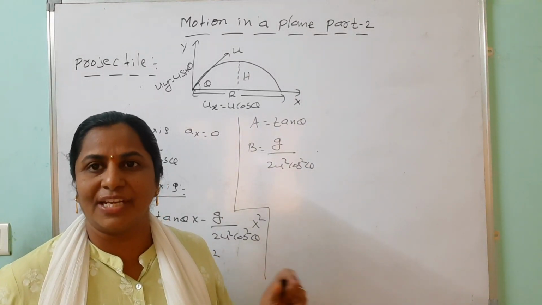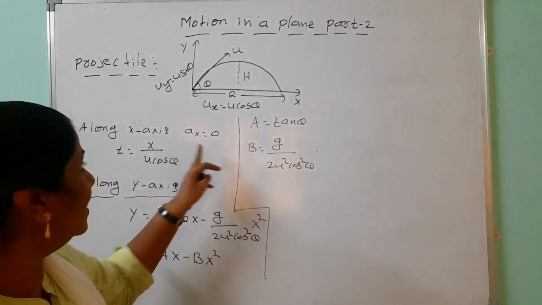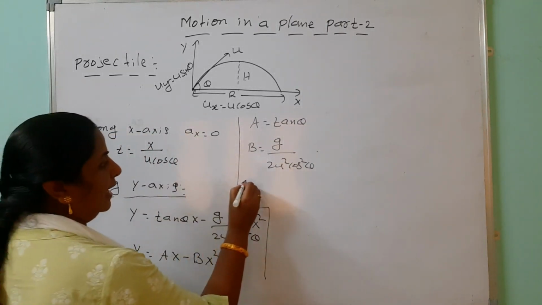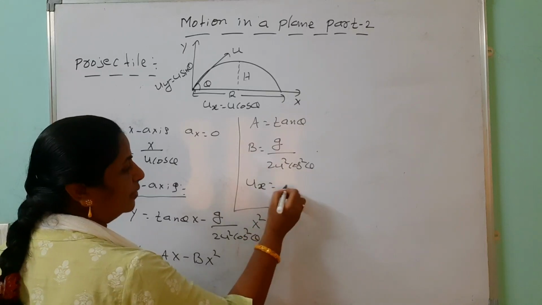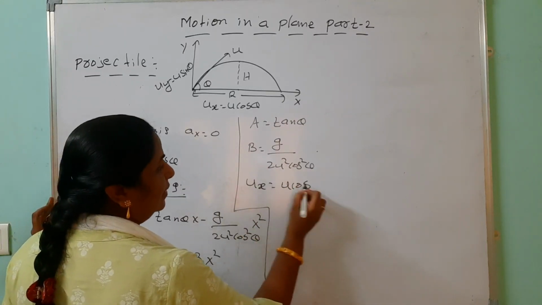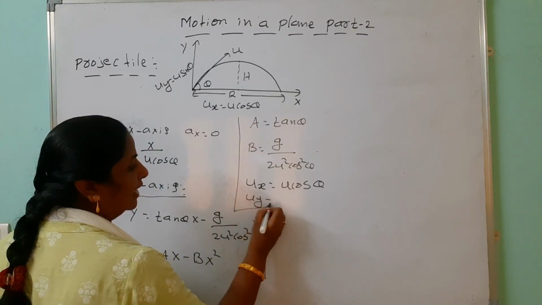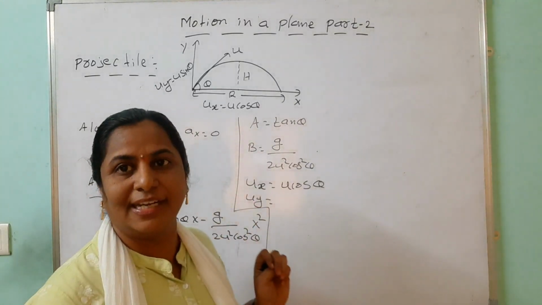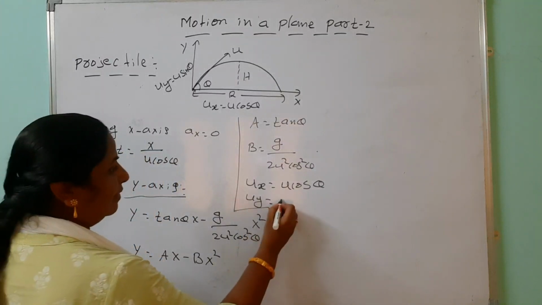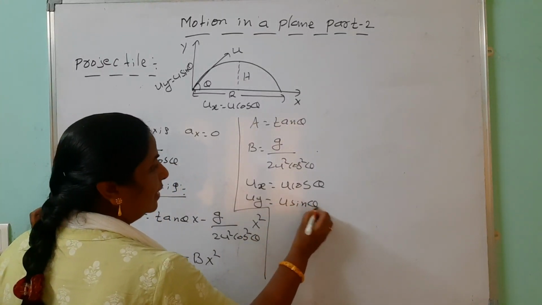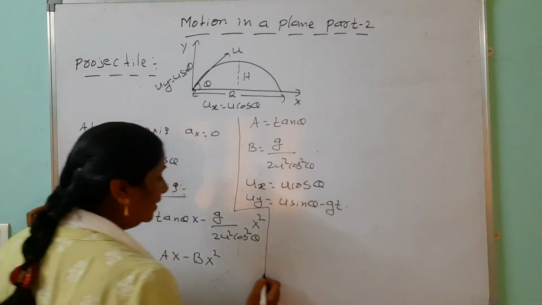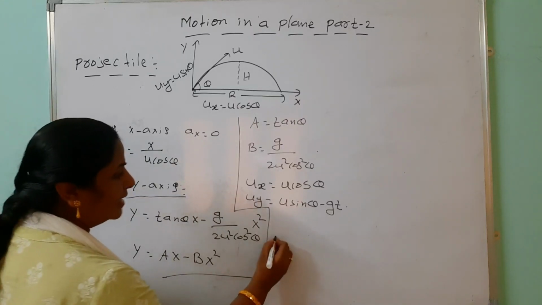Just now I said acceleration is 0 along the x-axis. So along the x-axis in projectile motion there is no change in velocity, ux equals u cos theta. But along the y-axis we can use the formula v equals u plus at. That is uy equals u sin theta minus gt. Then how do we find the resultant velocity?